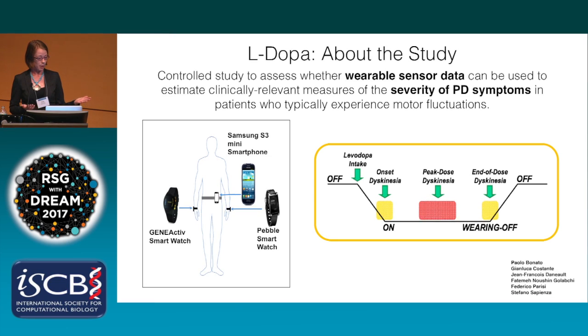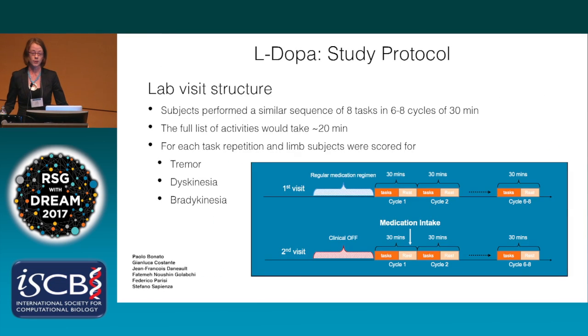In this study, participants had smartphone watches on each wrist and a smartphone at their waist. We only used the in-clinic data, which is structured like this. They came in for 2 separate visits. On the first visit, they came medicated, and then they performed tasks throughout the day as their medication wore off.